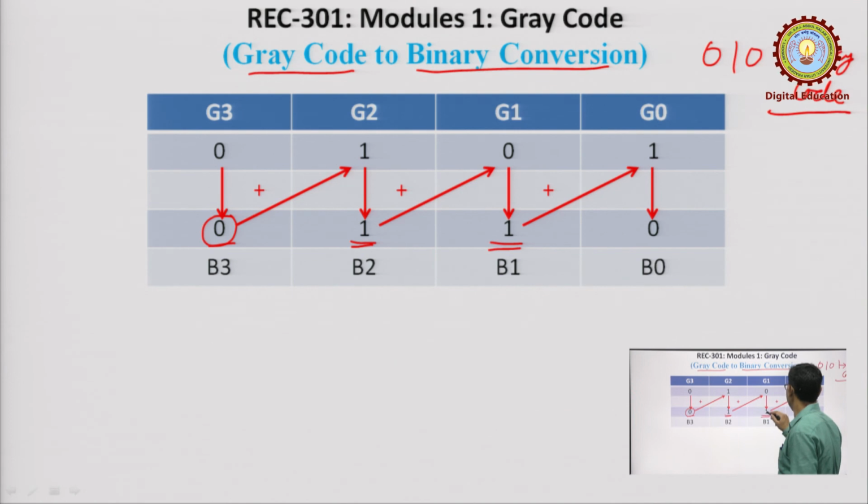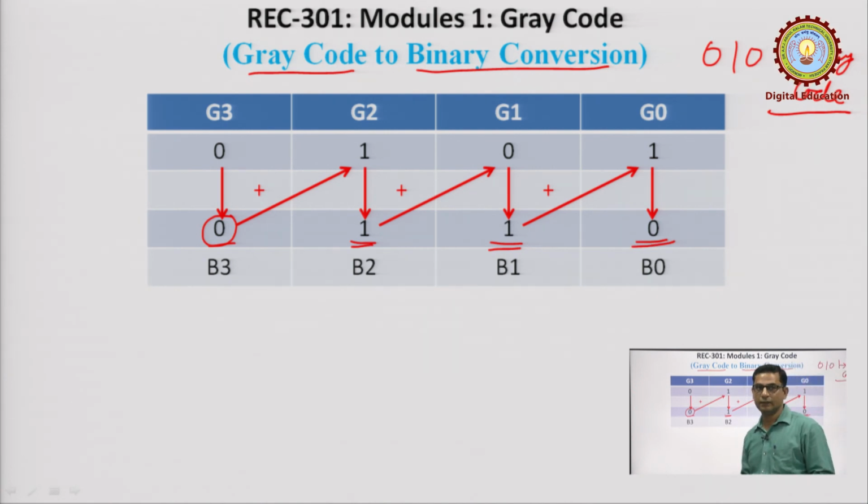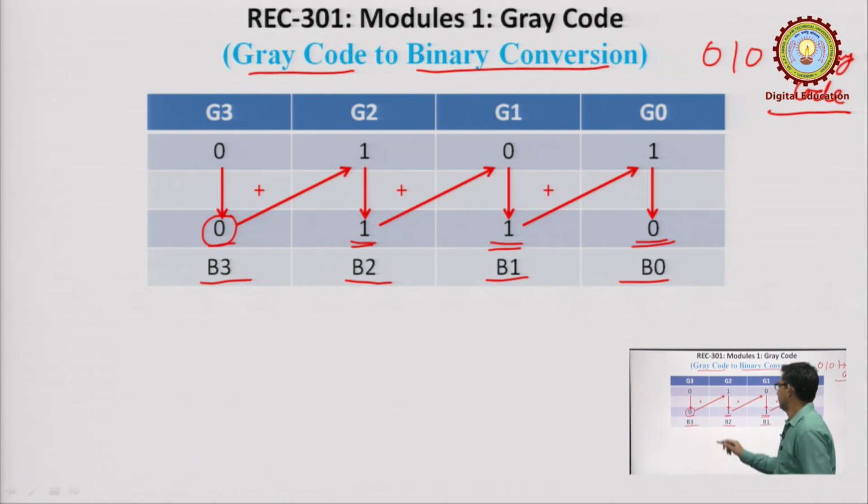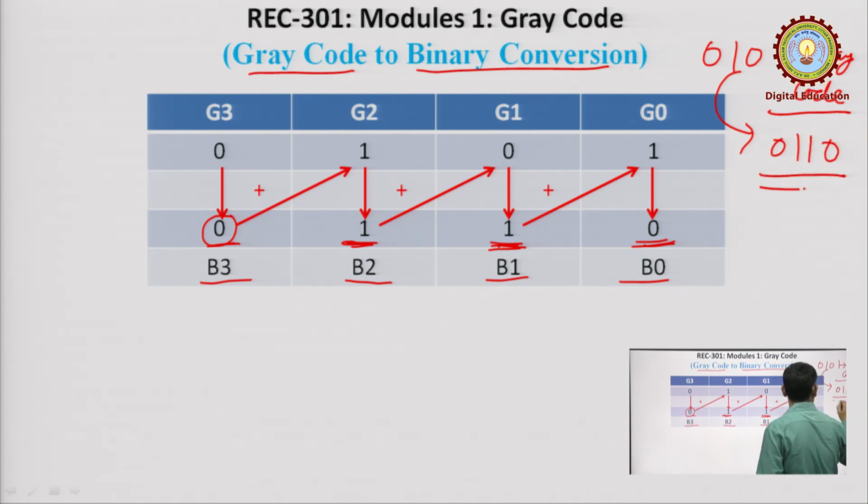This one will be added to the next digit of the gray code. So, 1 plus 1 is equal to, sum will be 0 and carry, we will not consider the carry. So, the binary code will be 0 0 1 1 0. So, the binary code for this gray code is 0 1 1 0.